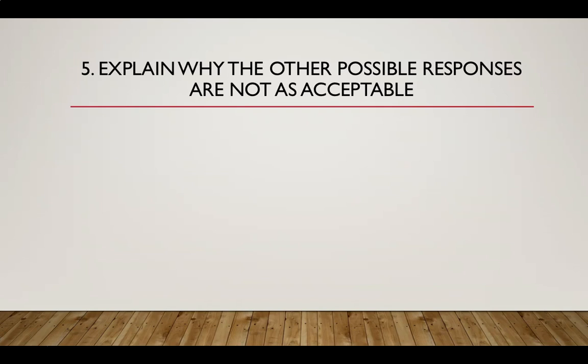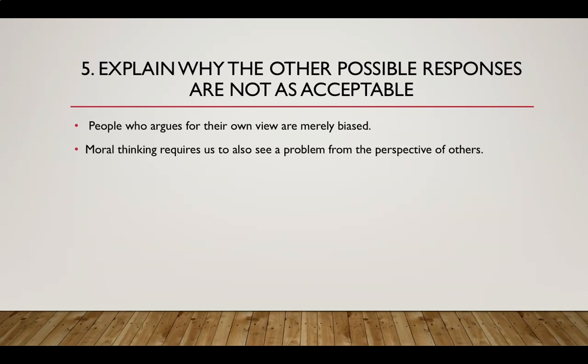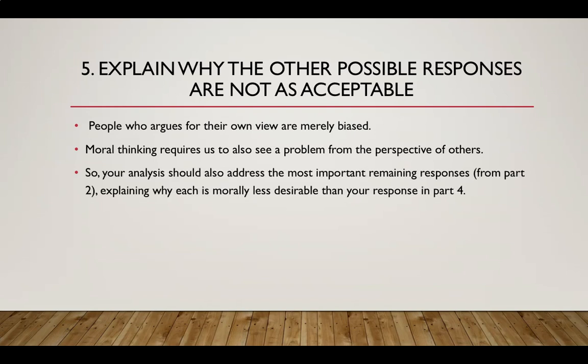It's pretty easy, I think, to just jump to some sort of conclusion about what we think and why, right? But really, the hard thinking happens in carefully thinking about why the other side is wrong. People who only argue for their own view are merely biased. Moral thinking requires us to also see a problem from the perspective of others.